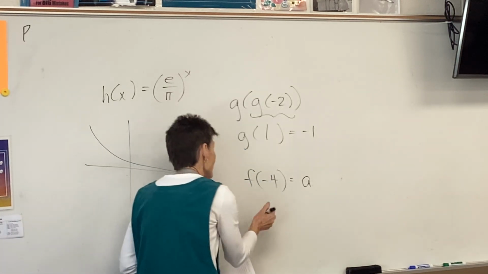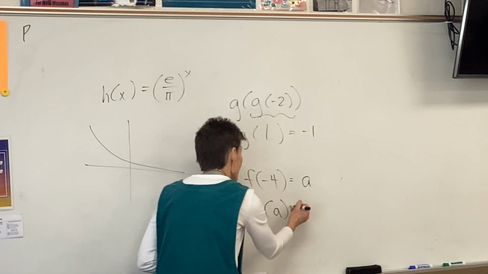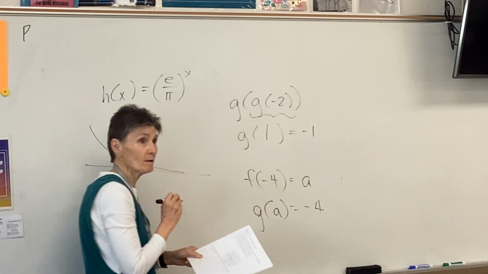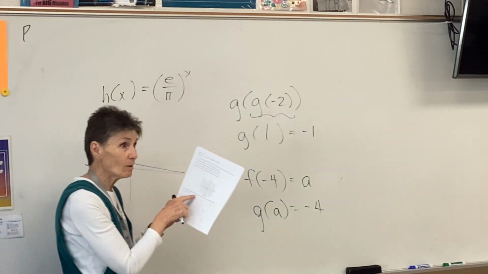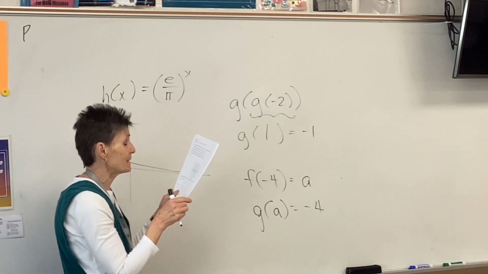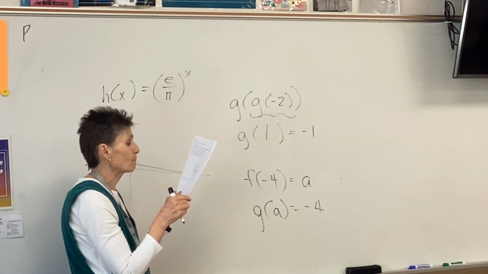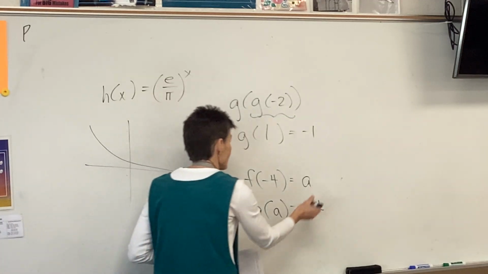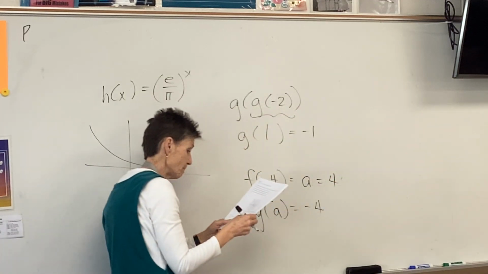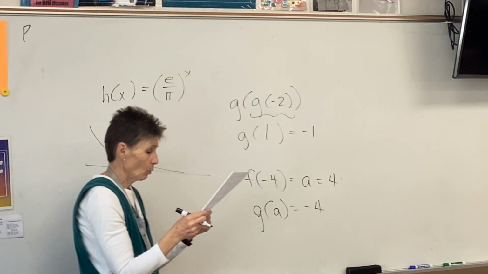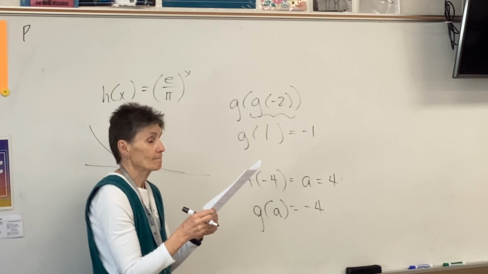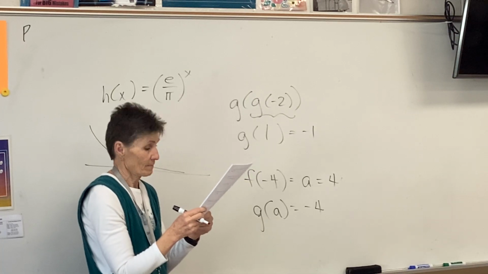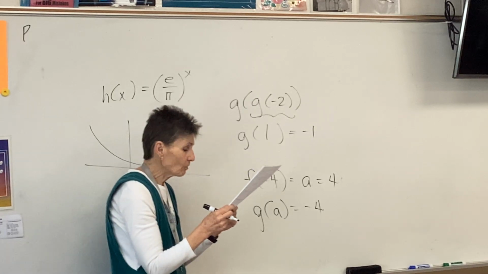So doesn't this mean that g of something has to give you -4? Well, can I figure that out? G of what would give me -4? 4? So the answer to the problem is 4 or D. Good. The minimum value of f.